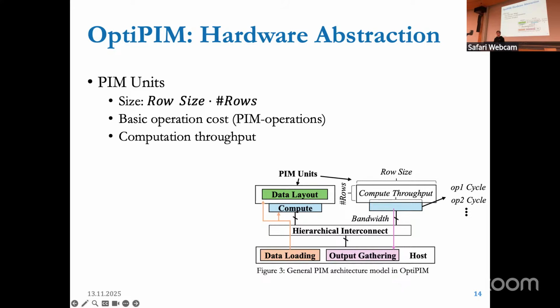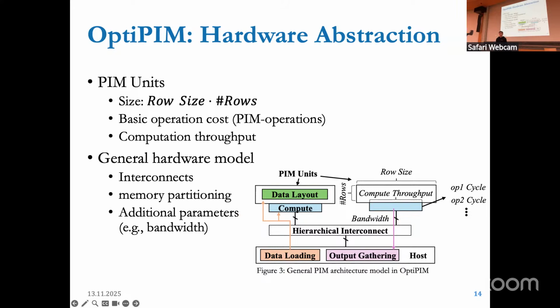It consists of some properties like the cost it takes to do some basic operations, which may be like the majority and not in SIMDRAM, for example, or also more complicated ones in HBM-PIM when we have a dedicated processor that is near the DRAM. So just everything that we have is modeled in these PIM units. And also something like the computation throughput could also be part of the modeling of our PIM units.